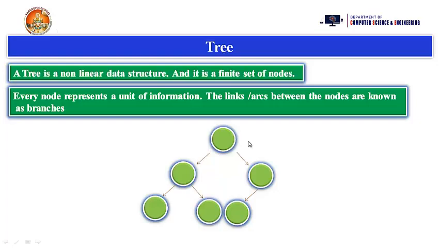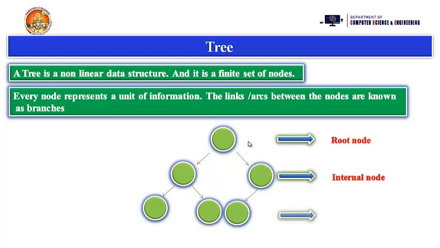We have different types of nodes here. The first node is called the root node, and we have internal nodes or intermediate nodes and the leaf level nodes or leaf nodes, and we are connecting each and every node with the link or arcs, or you can call it an edge.